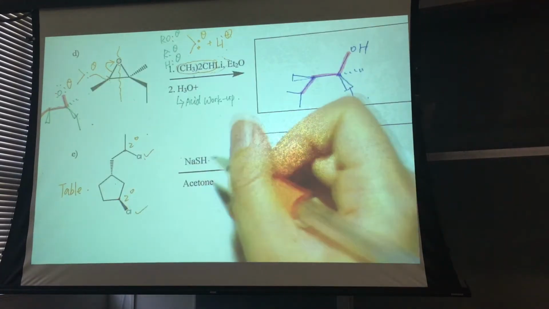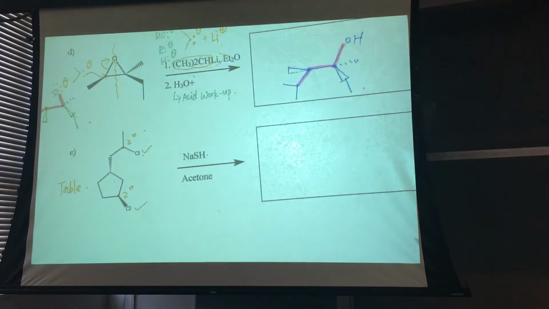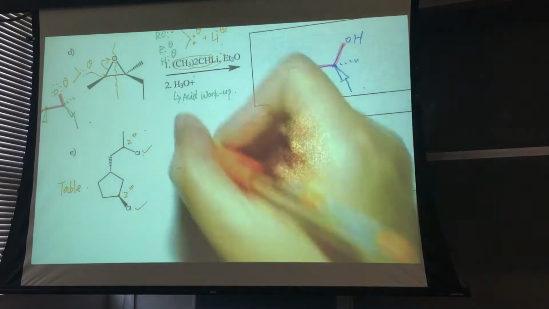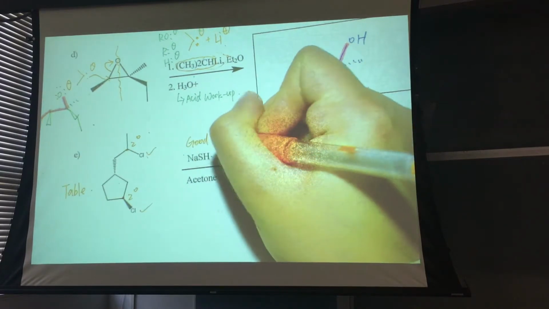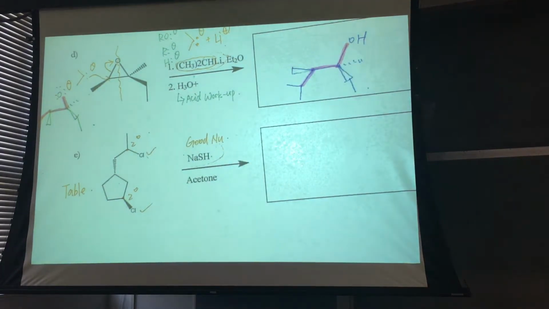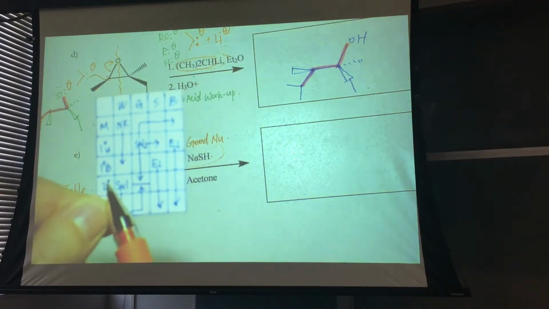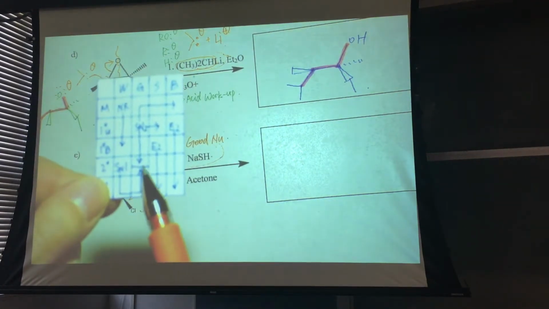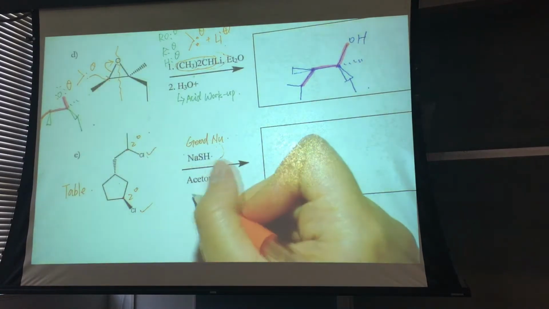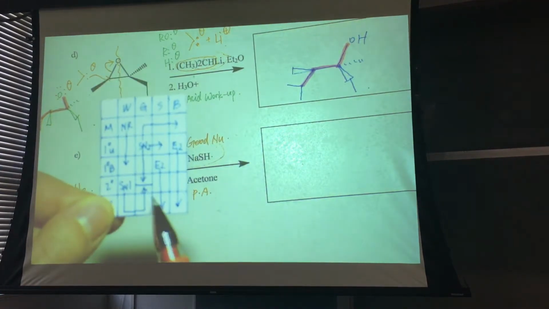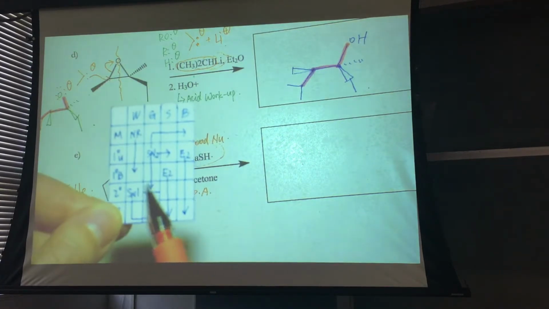And SH, what is this one? Good nucleophile, good. It's a good nucleophile, and on my table, secondary, good nucleophile. Oh, I need to choose the solvent. This one is polar aprotic. Acetone is polar aprotic, so it's going to be here, SN2.